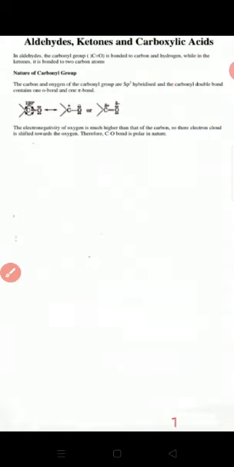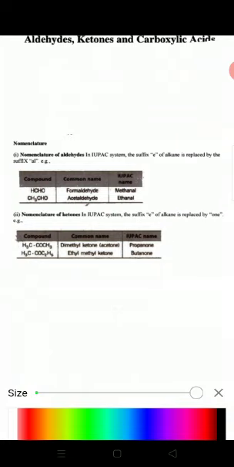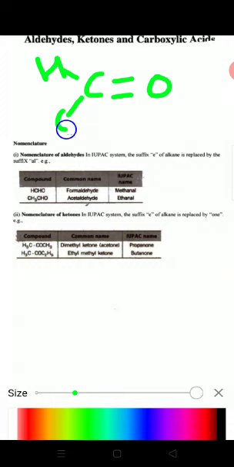Students, see here the introduction of aldehydes and ketones. What are aldehydes? Aldehydes are the compounds in which the carbonyl carbon is attached to one hydrogen and one carbon of an alkyl group.